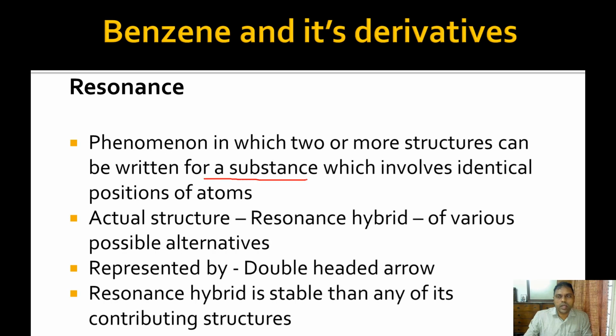There is one substance, and you can write it in 2 or more structures, and this substance is going to have the identical position of atoms. So this happens in benzene.